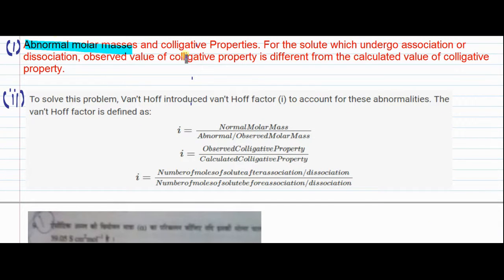Abnormal molar masses and colligative properties for solutes which undergo association and dissociation. The observed value of colligative property, such as depression in freezing point, elevation in boiling point, is different from the calculated value of colligative property. Second, Van't Hoff factor i.